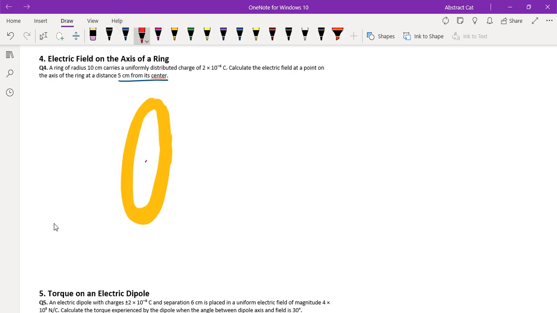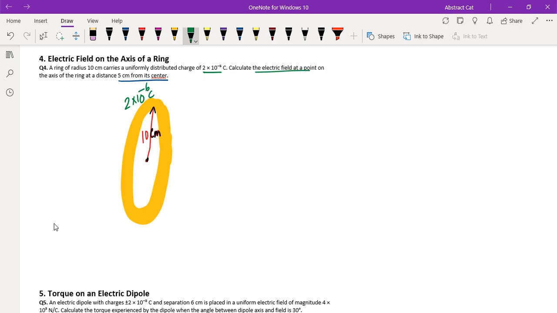That is the center point. So the ring of radius is 10 centimeter. Ring radius from center, and the charge is 2 into 10 to the power minus 6 Coulomb.